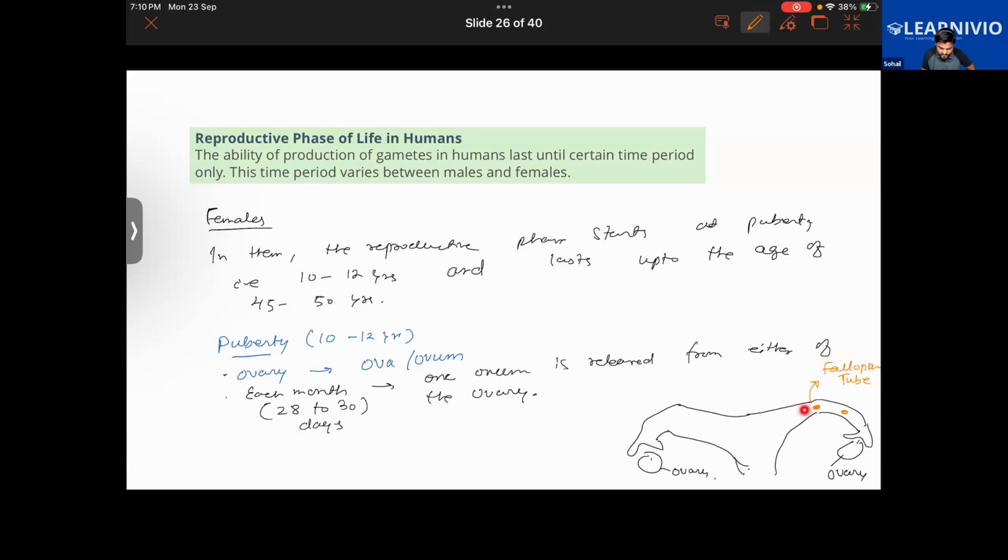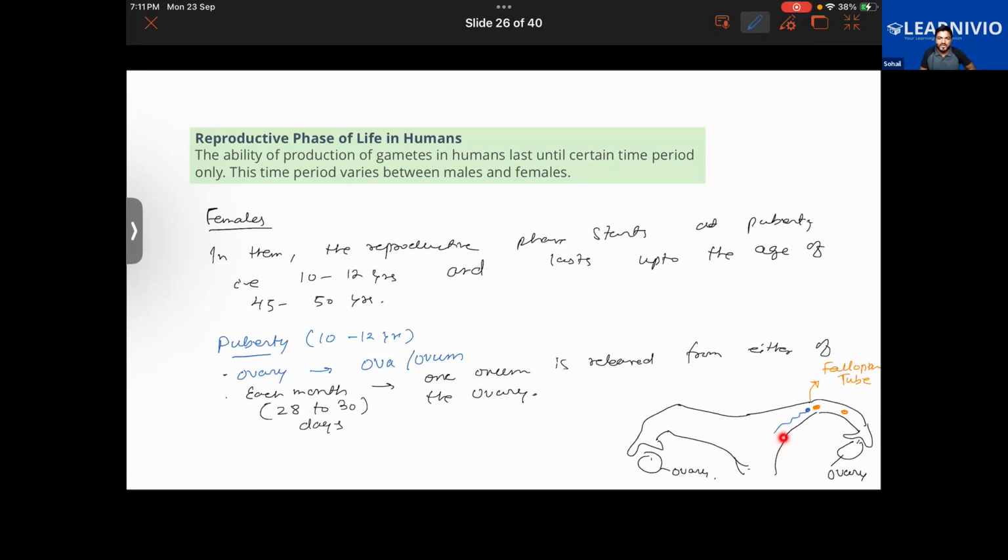So if the ovum has reached here, and the sperm has also reached there, the fertilization will take place here. In case the fertilization has taken place, the zygote that is formed will multiply further and embed into the wall of the uterus.